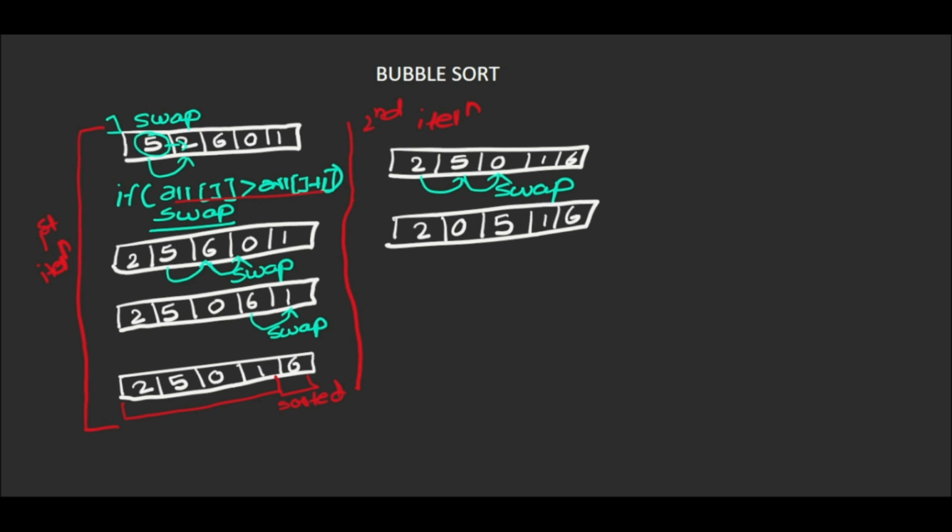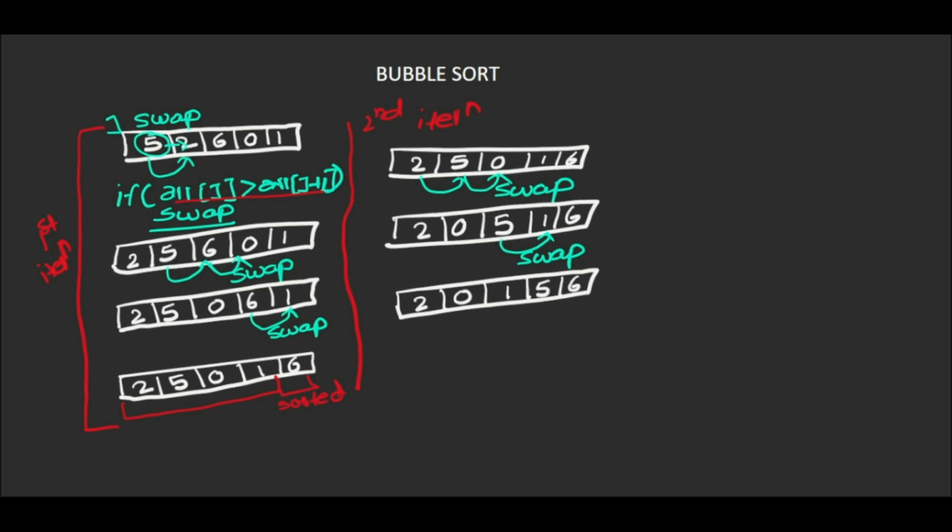Again we come up to this index, so we compare 5 to 1. Since 5 is greater than 1, again we need to swap. So after swapping, the array will look like 2, 0, 1, 5, 6.